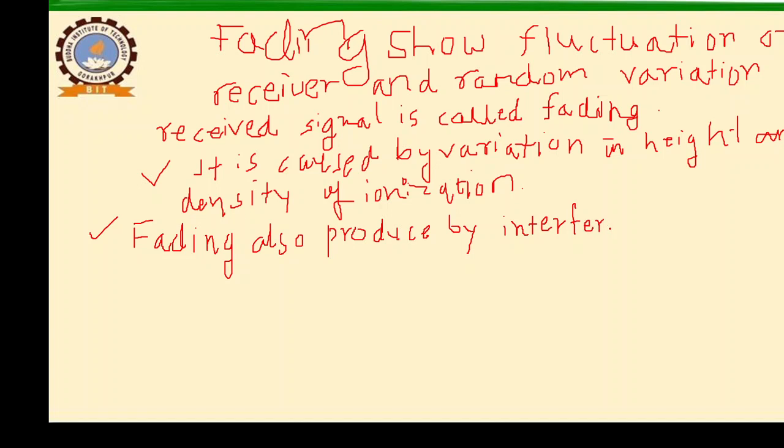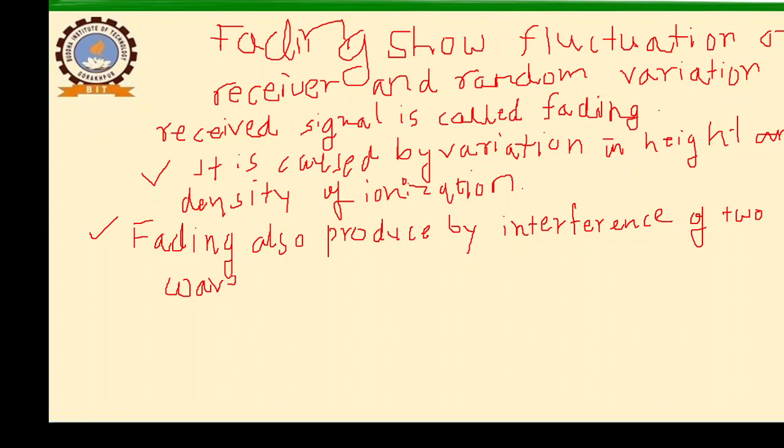So the waves are affected by these natural phenomena, and we do not get any signal at the other end. This is the cause of the fading effect.